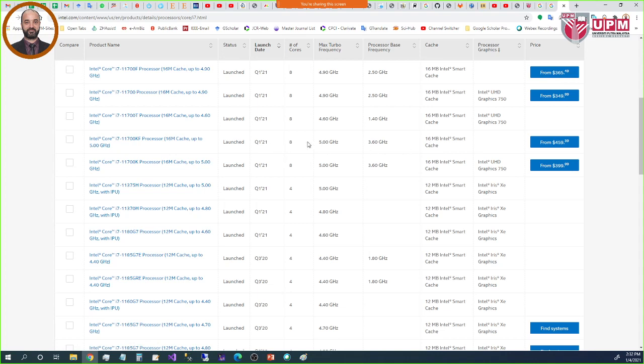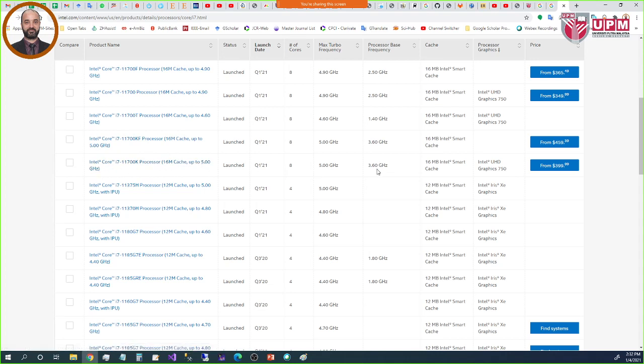This one also is more expensive. I don't know what the difference is between this and that, but as you can see, it looks the same, but the price is very different. It's about 60 US dollars difference. So if you go in deep and read about them, you will find the difference.